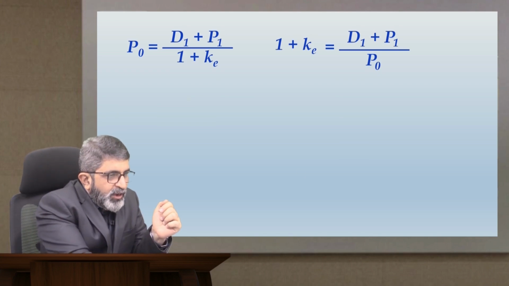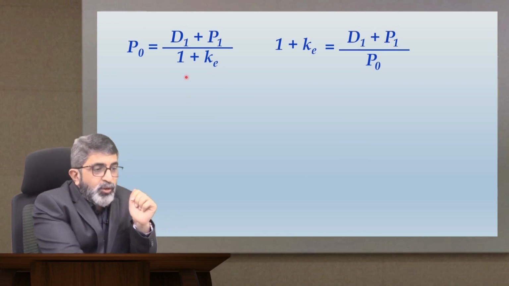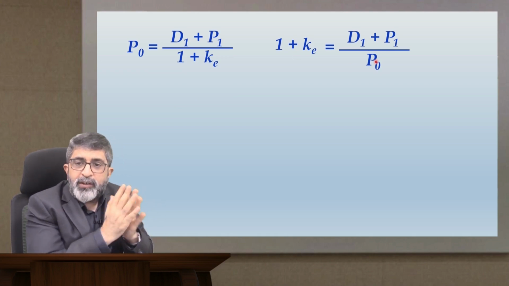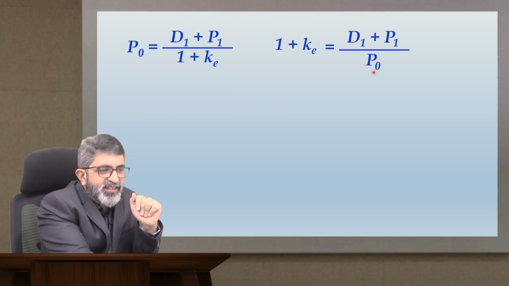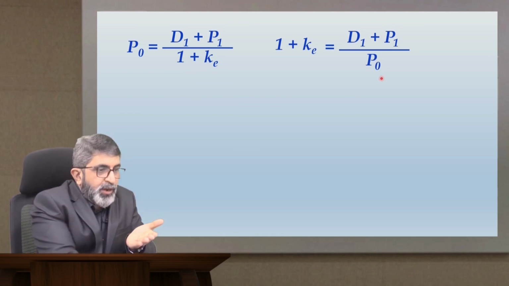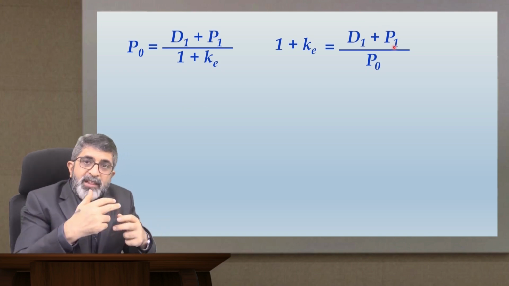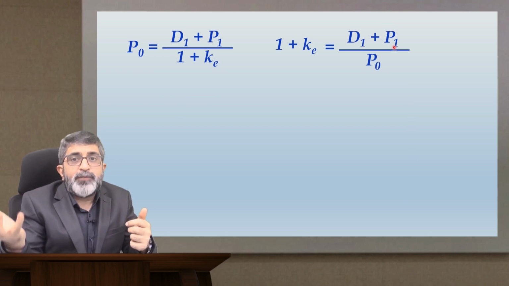So the origin logic of this formula we have discussed. Look at this. P0 is the money that you are investing now. D1 and P1 will be the money which will be your wealth by the end of the year.